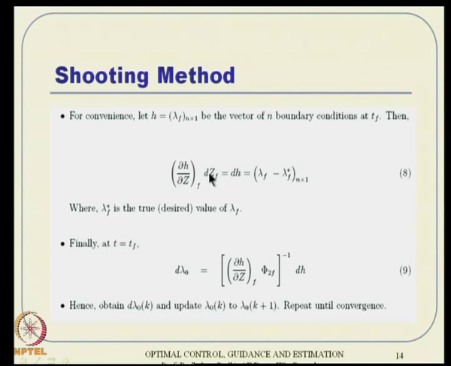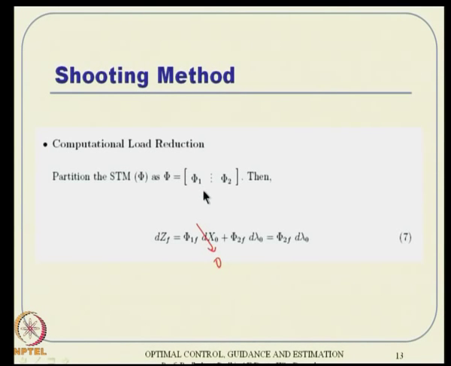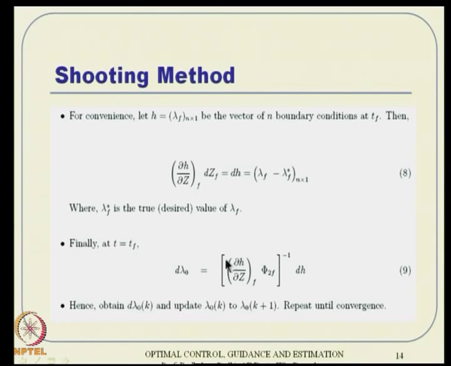Then that turns out to be λ_f minus λ_f star, what it should be, and then you can substitute it back here, equate it, and compute it this way.